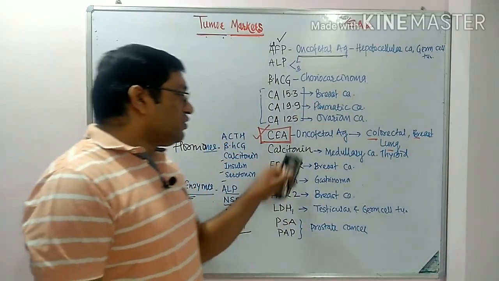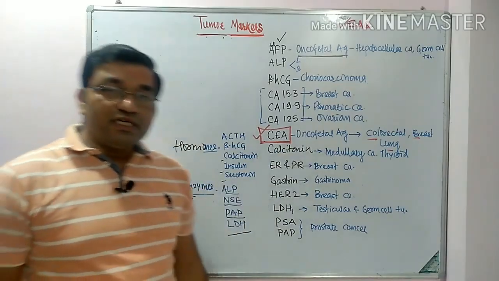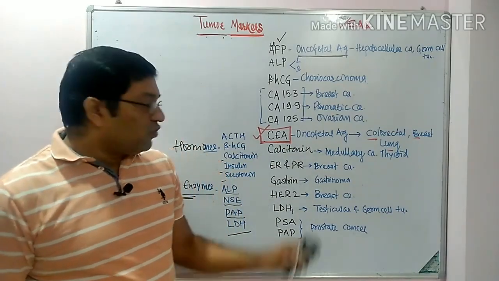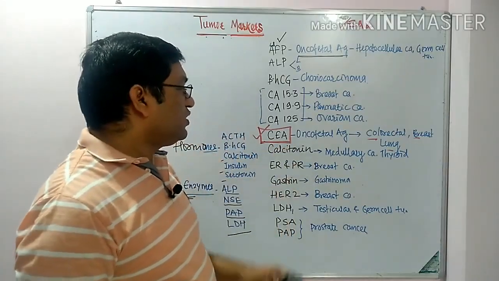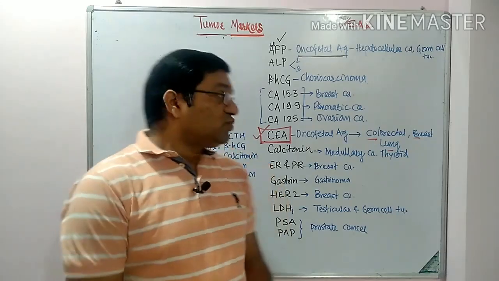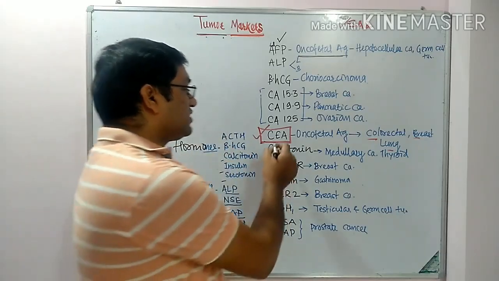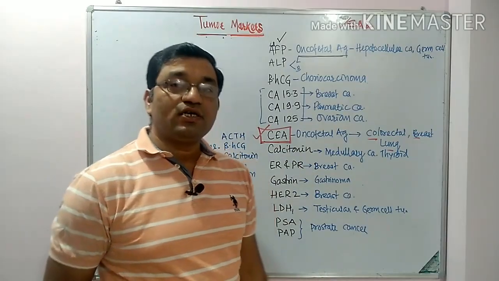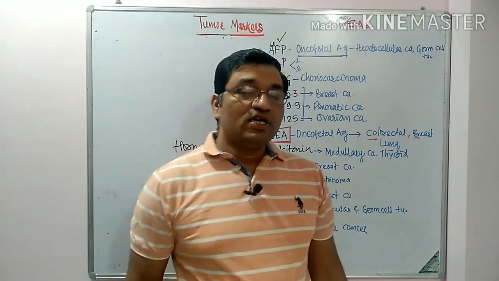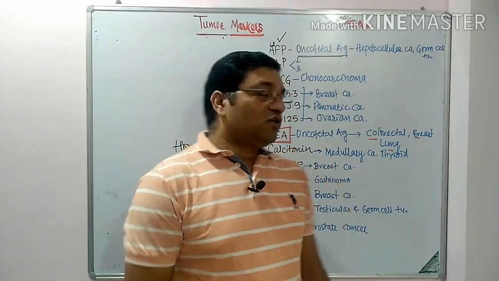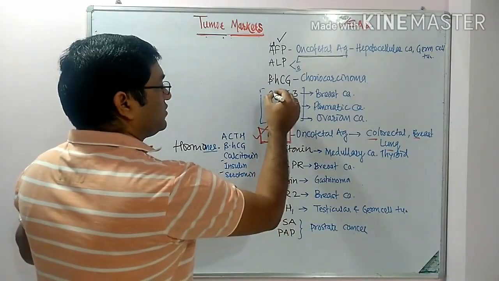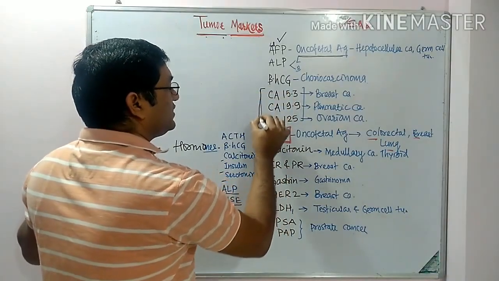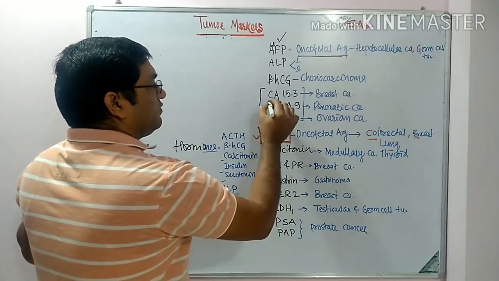It is used for screening, staging, monitoring, follow-up and disease prognosis. So these two, alpha fetoprotein and carcinoembryonic antigen, are the oncofetal antigens used for the detection of cancer.